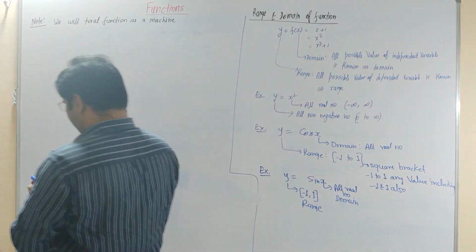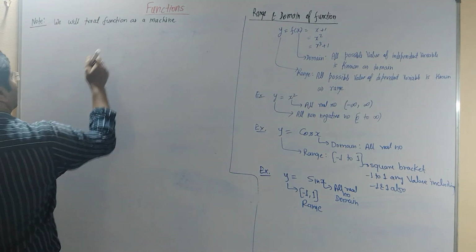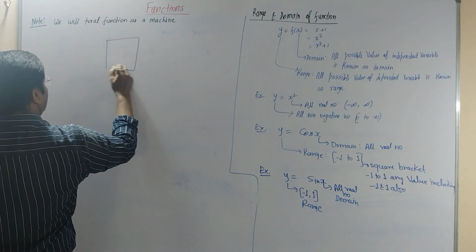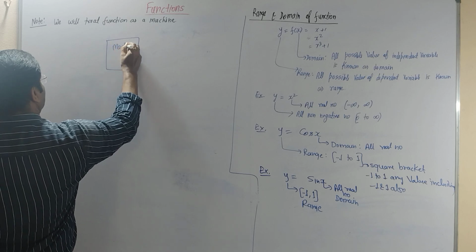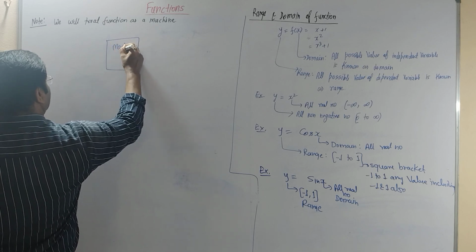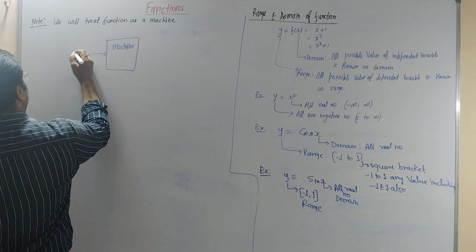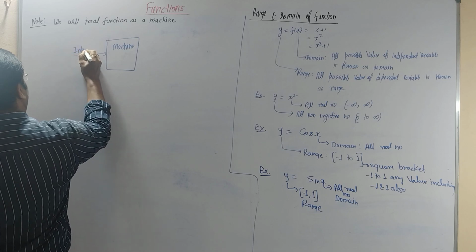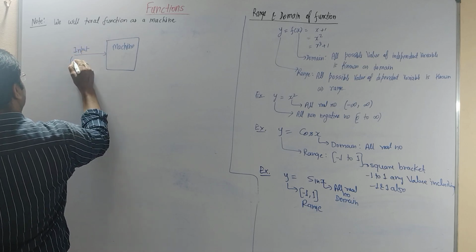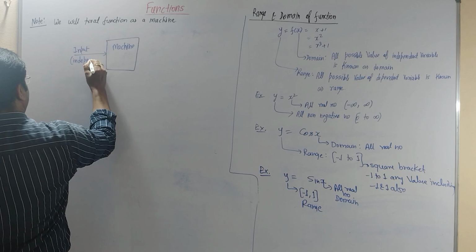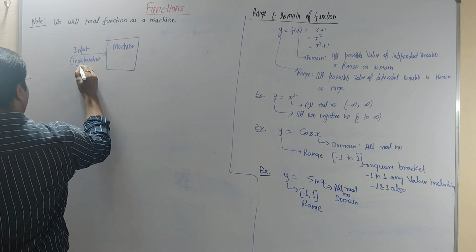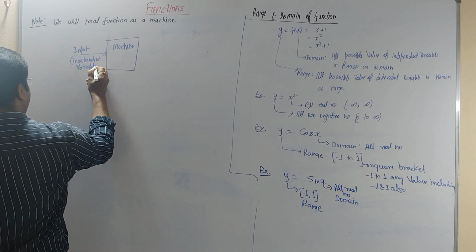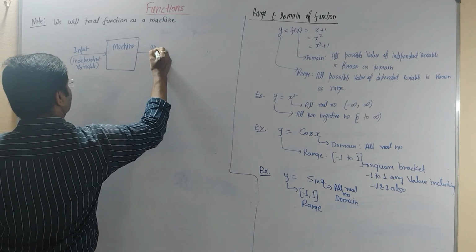So if I'm taking this one as a machine, machine means there will be input, and input is nothing but the independent variable. And here we will get output.